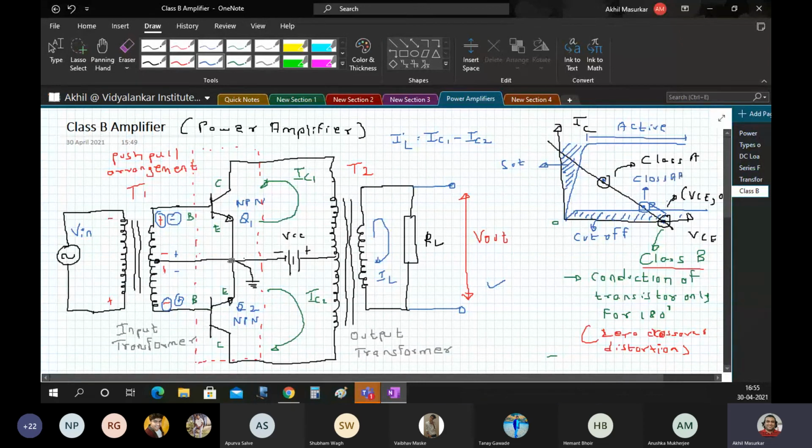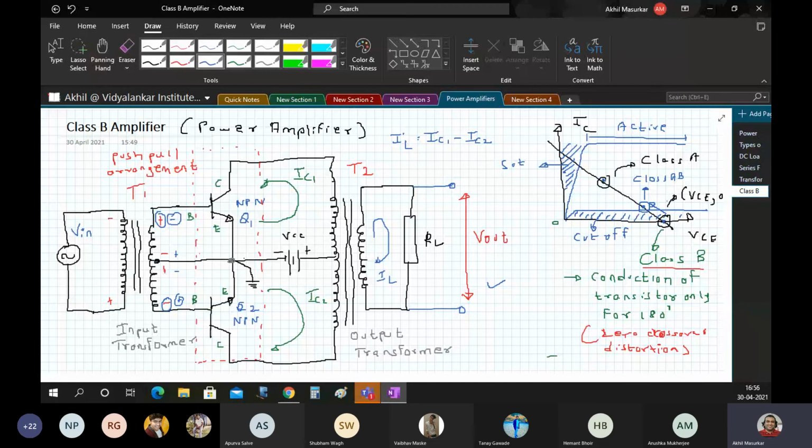So we are moving from class B operation towards class A, not completely class A, but a little bit towards class A. When you move a little from class B towards class A, this kind of amplification is called class AB power amplification, and the circuit which does that is called a class AB power amplifier.